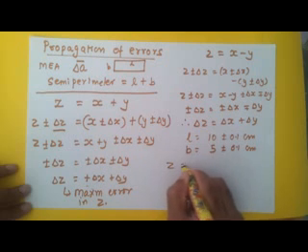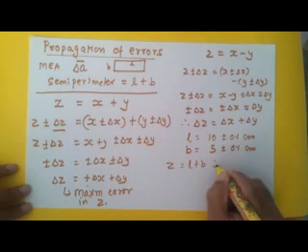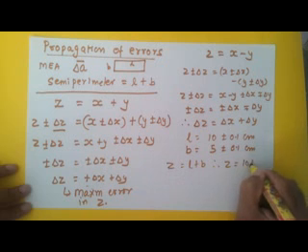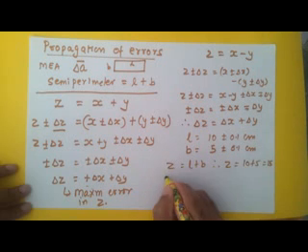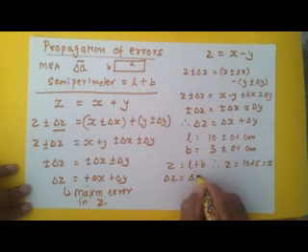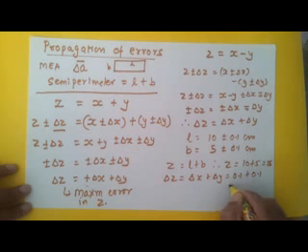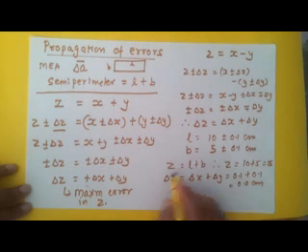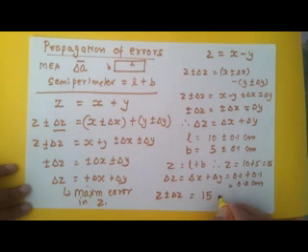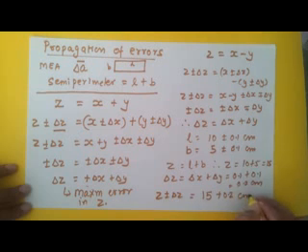Z will be equal to L plus B, therefore Z will be equal to 10 plus 5 is equal to 15, and delta Z would be equal to delta X plus delta Y is equal to 0.1 plus 0.1 is equal to 0.2 centimeter. Therefore I would write the value of Z as Z plus minus delta Z, so 15 plus minus 0.2 centimeter.